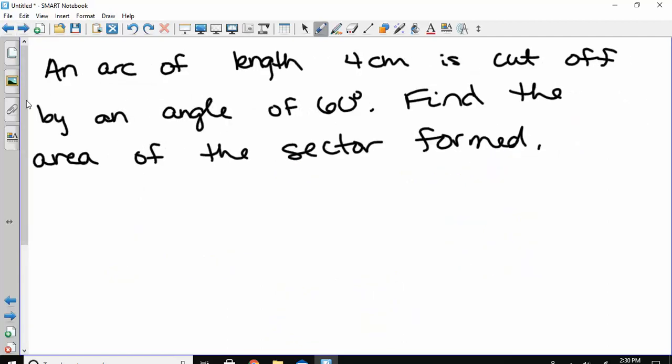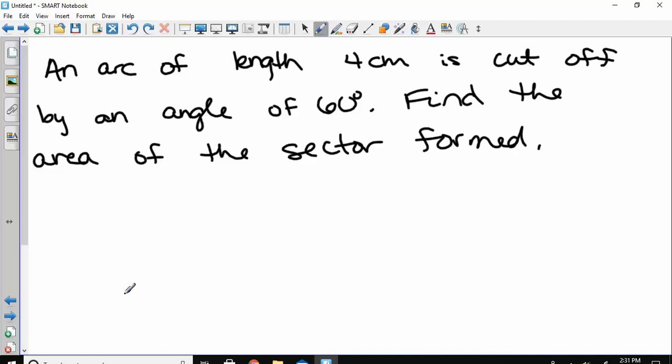Let's look at another one. This is about as complicated of a problem as I can give you right now. An arc of length 4 centimeters is cut off by an angle of 60 degrees. Find the area of the sector formed. All right.